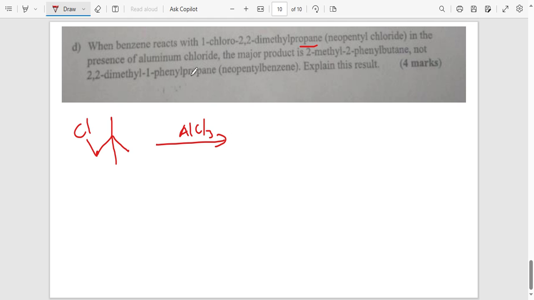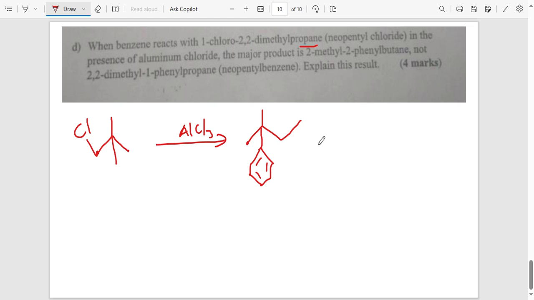They are saying the major product we are forming is 2-methyl-2-phenylbutane. So 4 carbons: 1, 2, 3, 4. At position number 2 we have got a methyl, and at position number 2 we have got a phenyl. A phenyl group is this one.